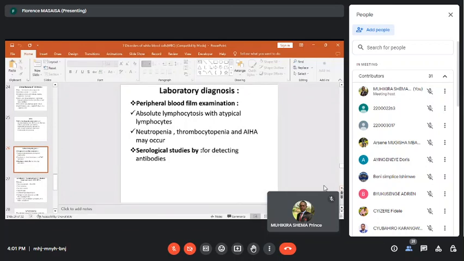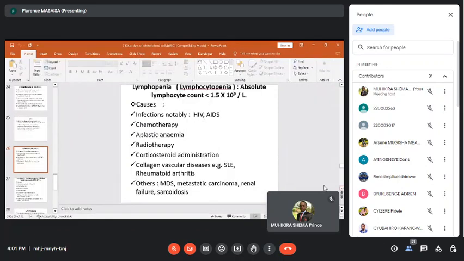Maybe if we have the chance, we can show you what we call atypical lymphocytes. They might also be associated with neutropenia, thrombocytopenia, or autoimmune hemolytic anemia, which may also occur. So how is the test done? You look for the antibody to EBV.